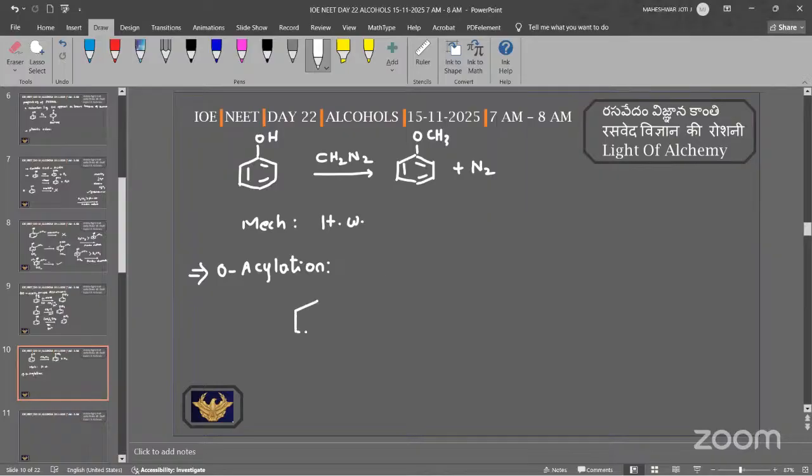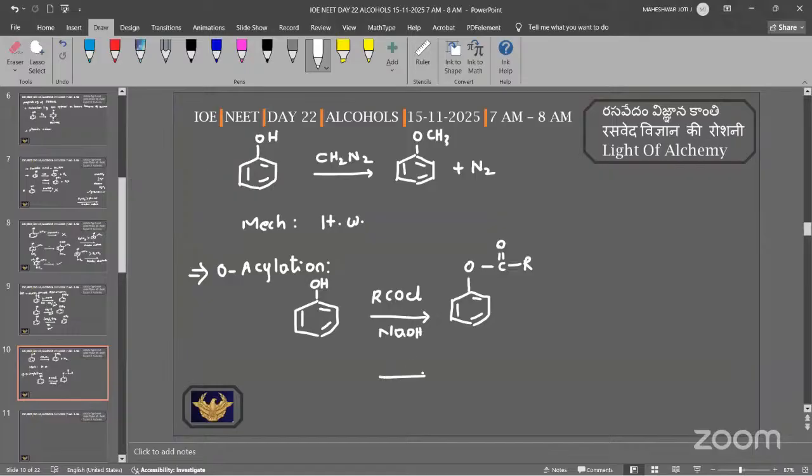So phenol gives the O acyl product with acid chloride in presence of NaOH.